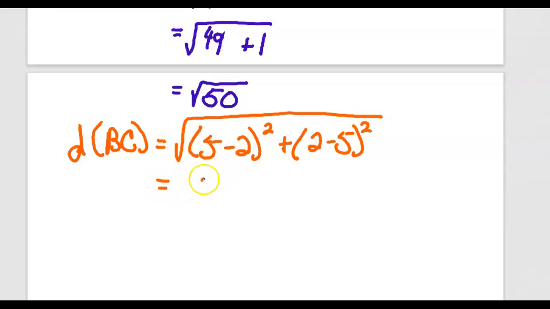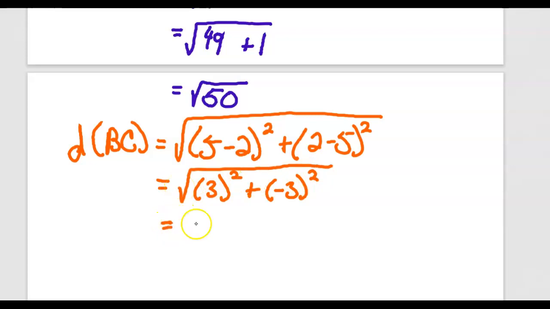And so 5 minus 2 is going to be 3 squared plus a -3 squared. So that will give me 9 plus 9. So I get the square root of 18.